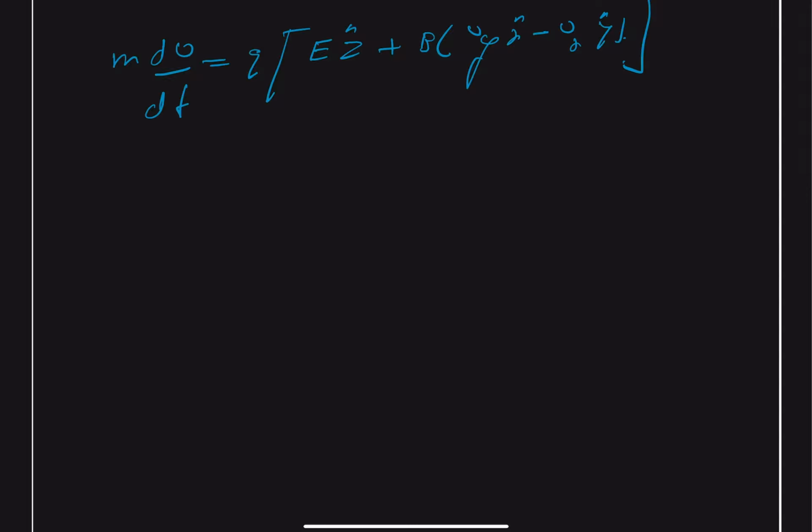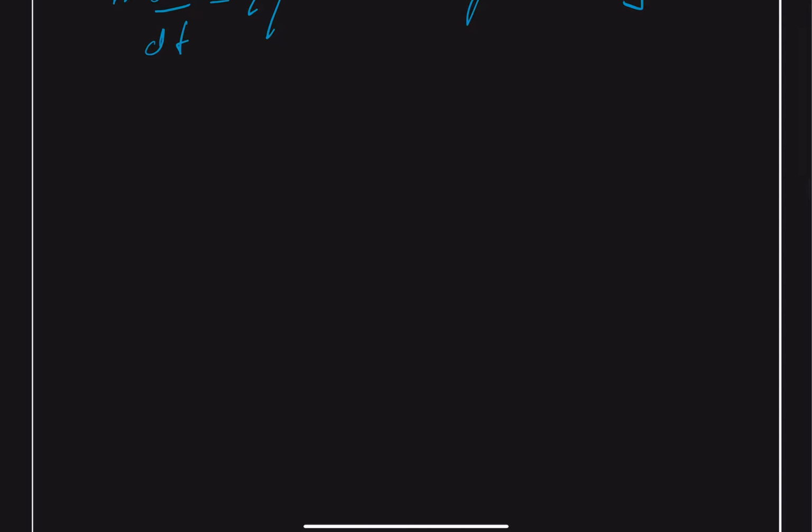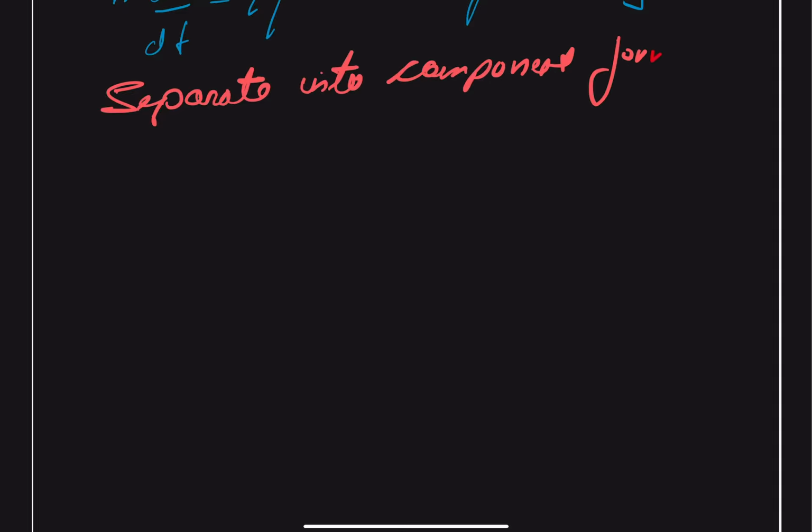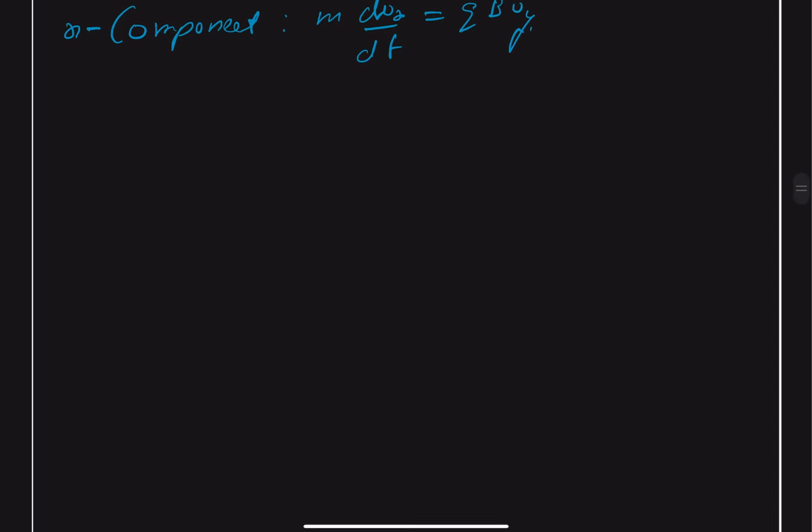And if we separate them into component form, the x component gives us m dvx by dt is equal to q B vy.